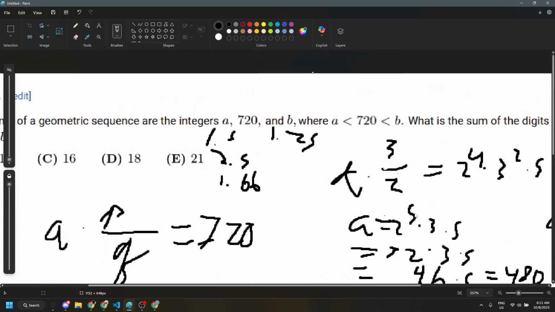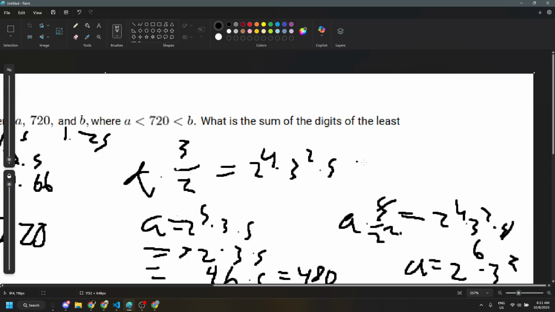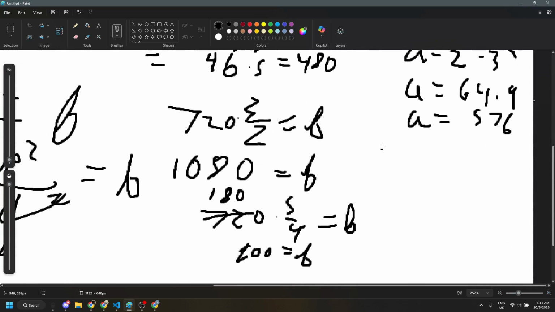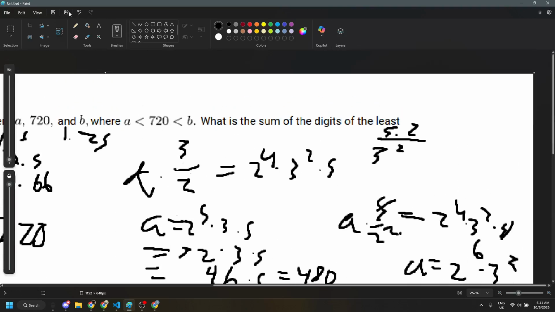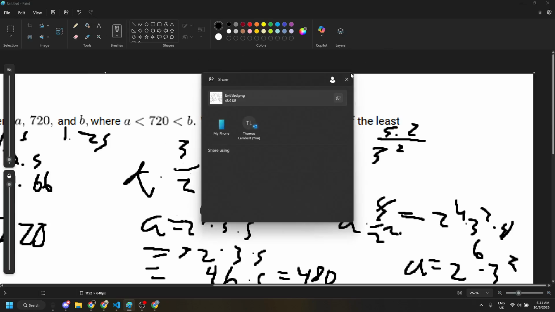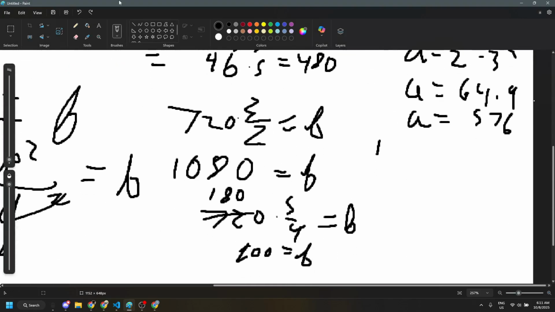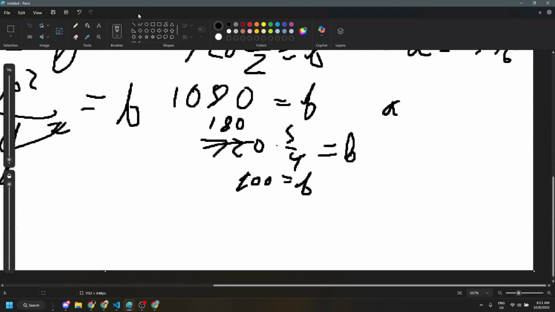Okay, I'm gonna try one more I've thought of. What if we do 3 squared over 5 times 2? Or sorry, 5 times 2 over 3 squared. A times 10 over 9 is equal to 720.